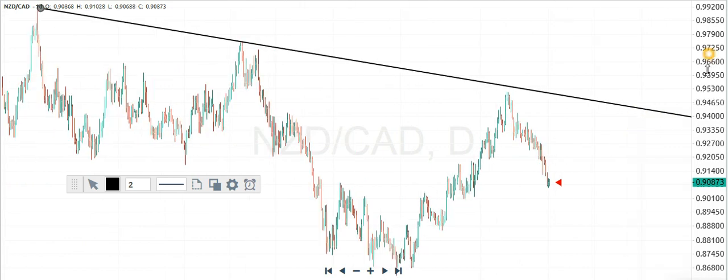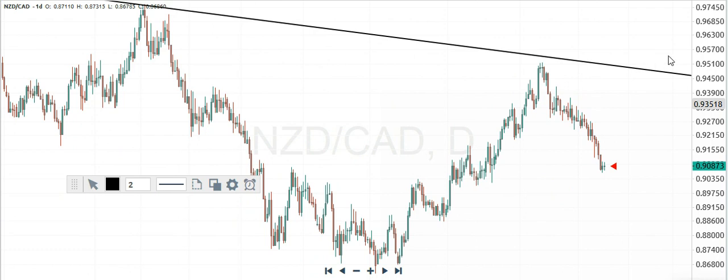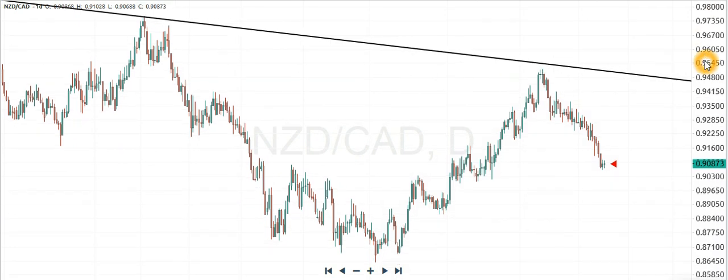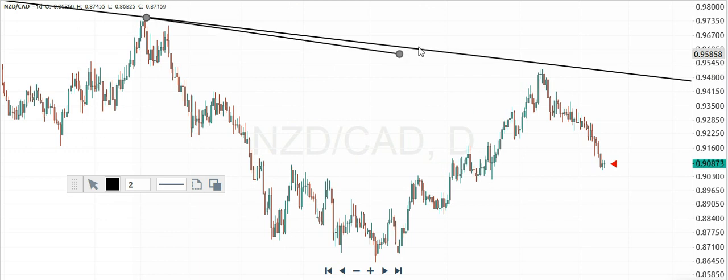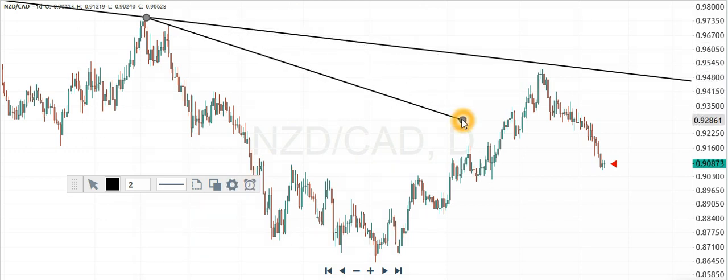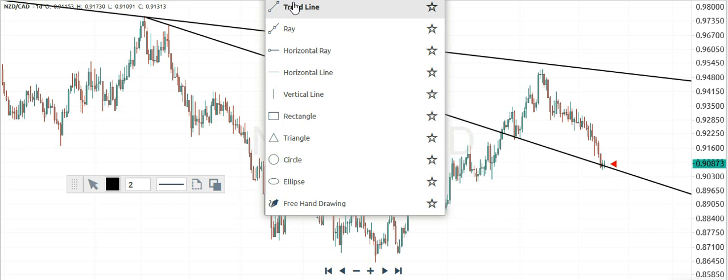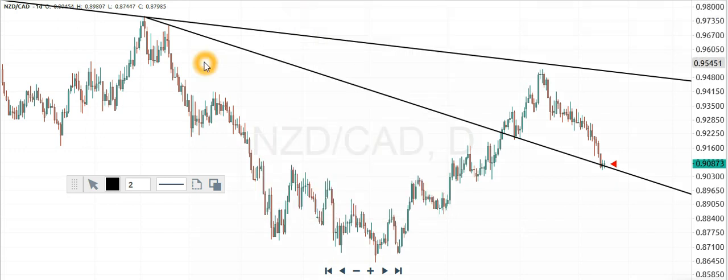Then I would look at the last point, first one that it touched, and then I go out, go in, right? I'm going to draw this trend line just for the sake of it, but I could have actually just started from this one. So now I'm going to start at this one, right?